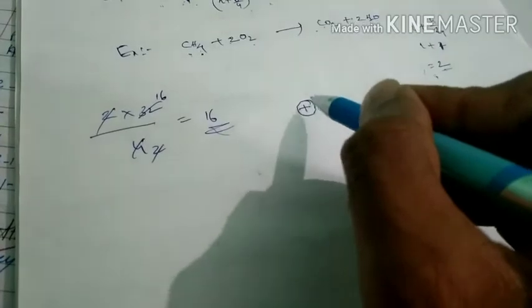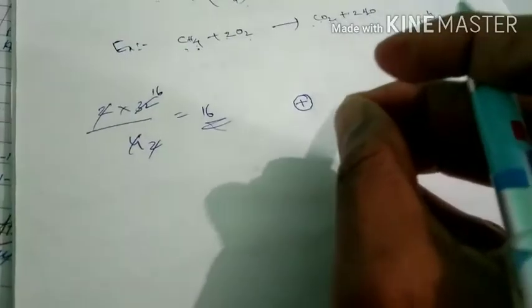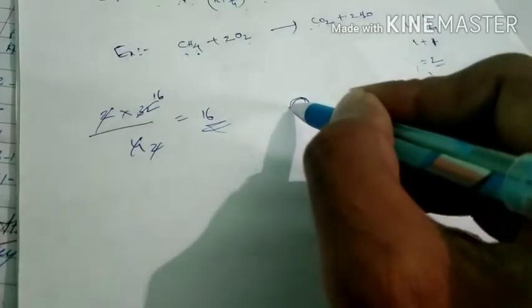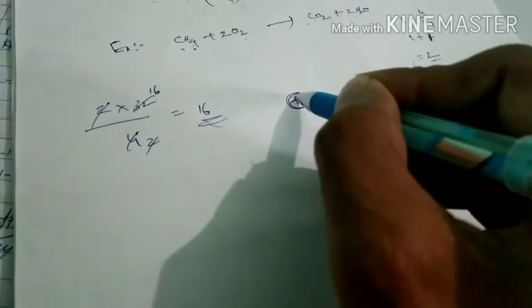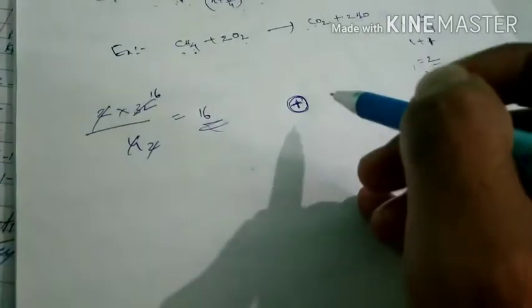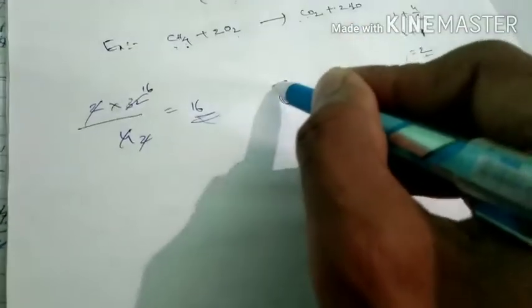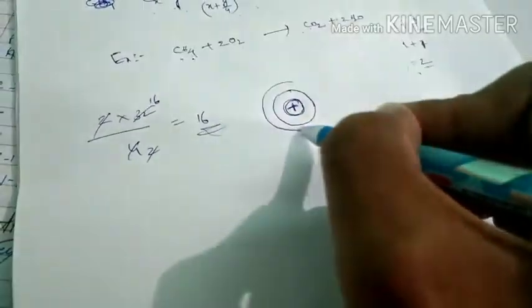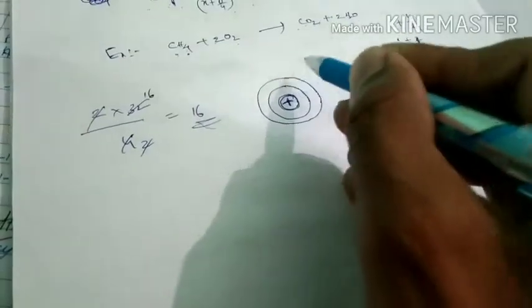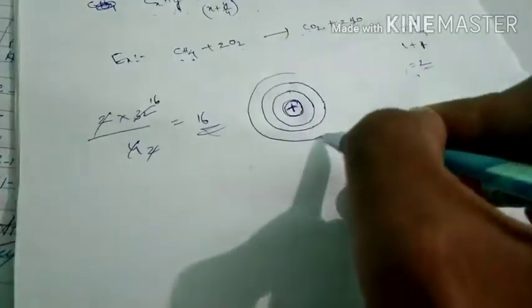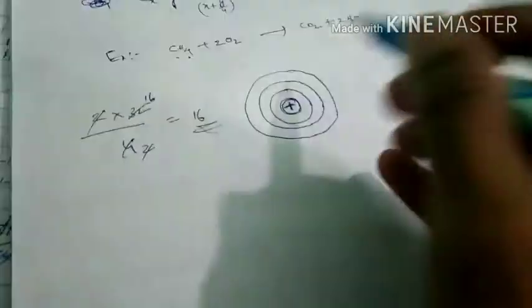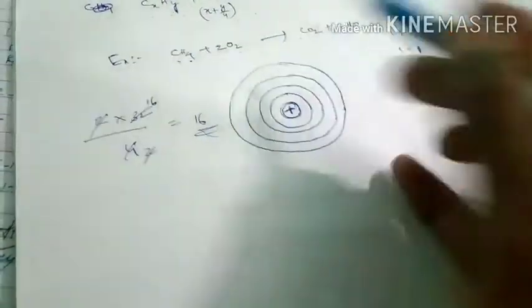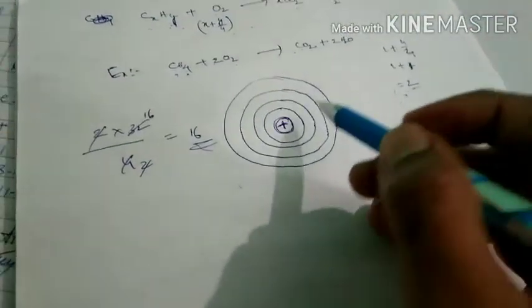I told you already, the nucleus contains protons and neutrons. Protons have positive charge, that is why the nucleus has positive charge. That is the notation of the nucleus. These are circular paths.